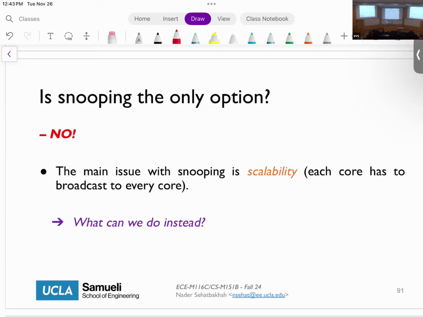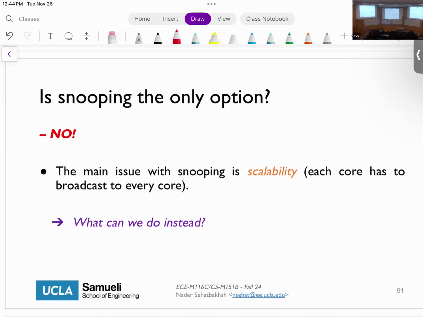Now think about 64 cores or 128 cores, right? There will be tons of these broadcasts and this checking, because for every single core, all the other cores need to follow along. So this is obviously going to lead to scalability issues when we have many, many cores.